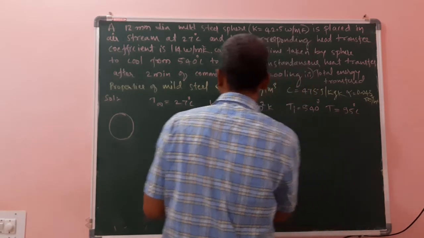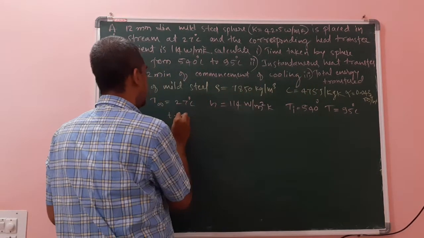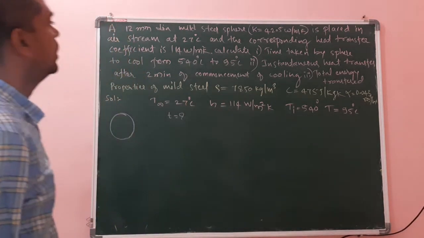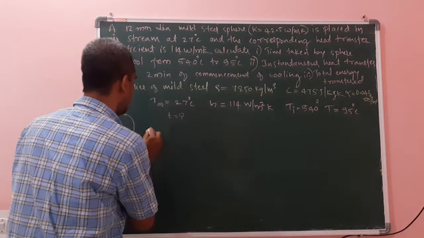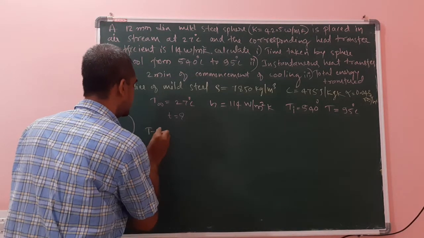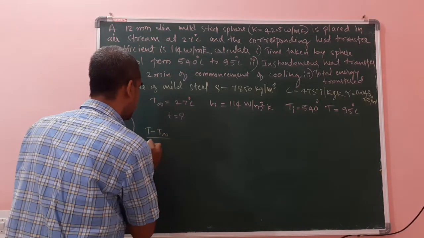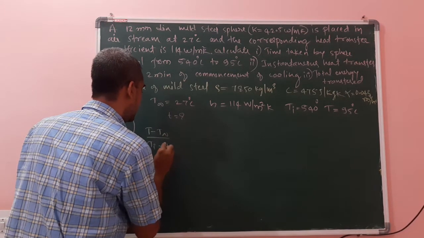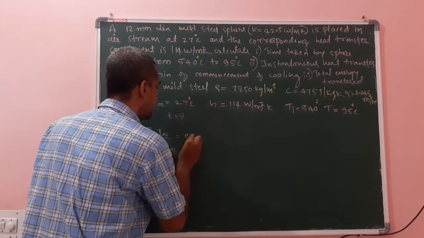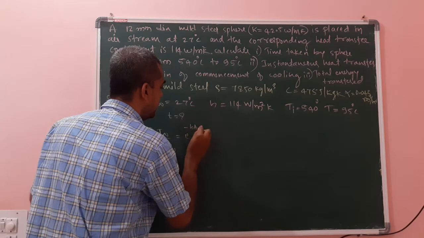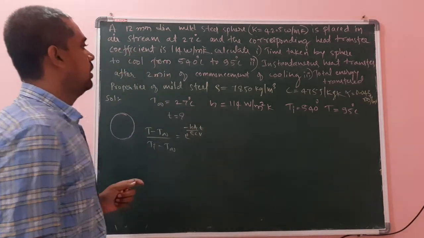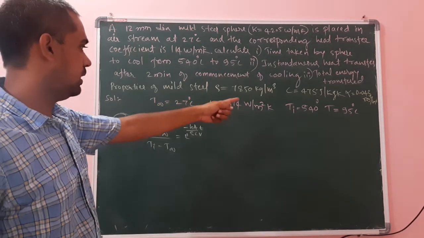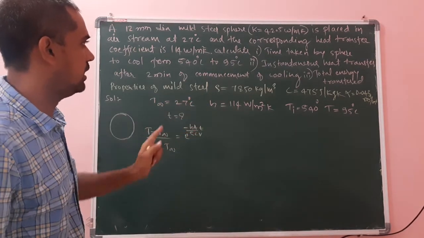You have to find the time required. You know this one: T minus T infinity divided by Ti minus T infinity is equal to e raised to minus hA t divided by rho Cv.